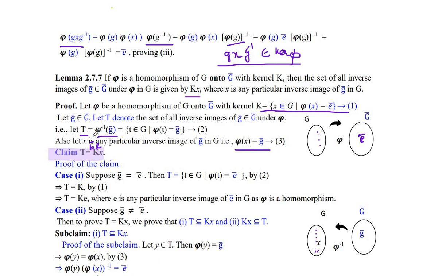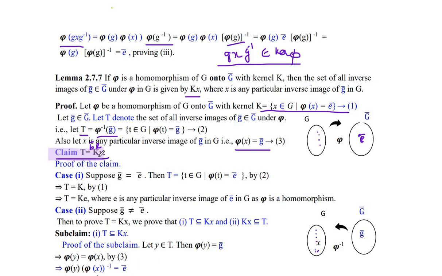This T is named as 2 and this one is named as 3. Now our job is to show that T is Kx. That is what we have to show: the set of all inverse images of G bar in G bar under phi is Kx. So this is what we are trying to prove. T we have mentioned as the inverse image, and Kx is what has been given in the statement, and we need to show that these two are the same.